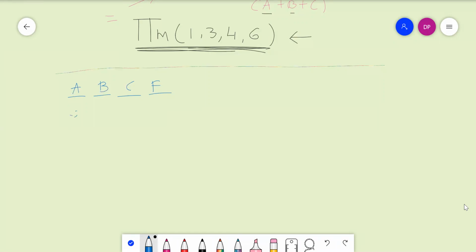Let's say this is 0 0 0, 0 0 1, 0 1 0, 0 1 1, 1 0 0, 1 0 1, 1 1 0, 1 1 1. I've taken F to be 1 1 0 0 1 1 0 0.